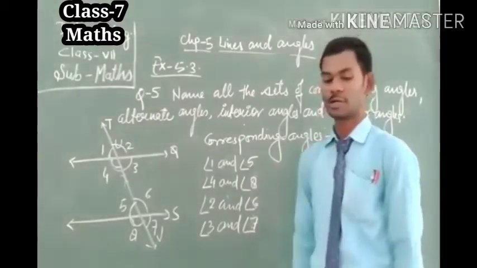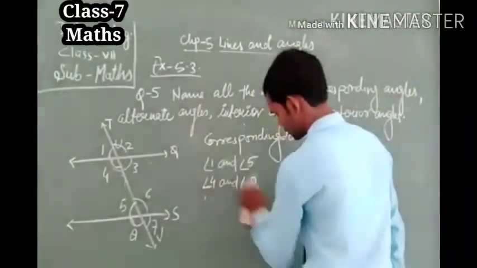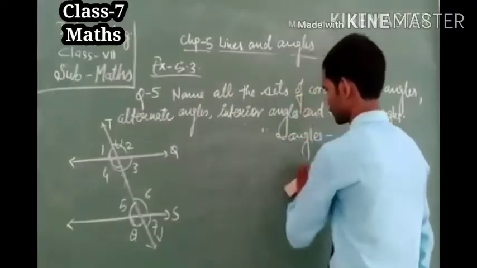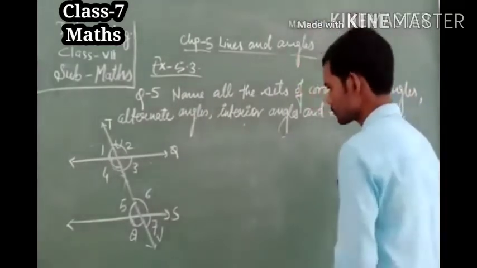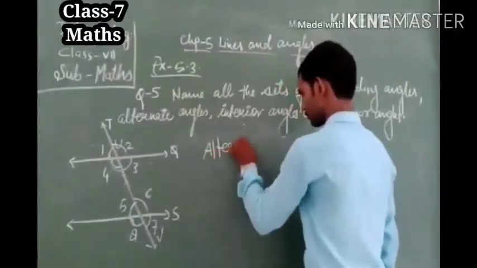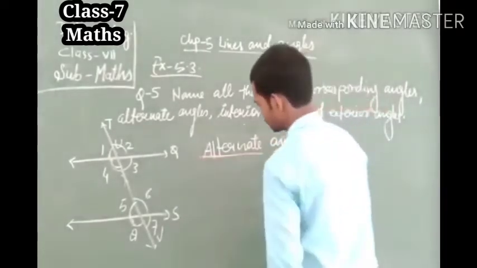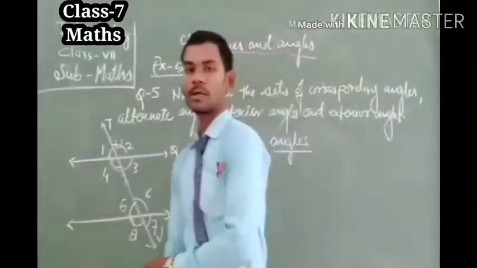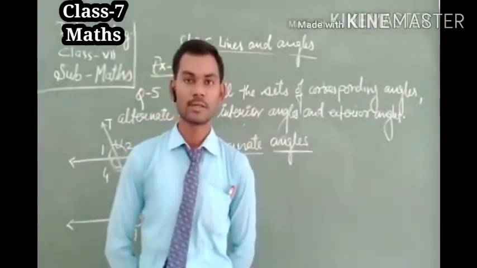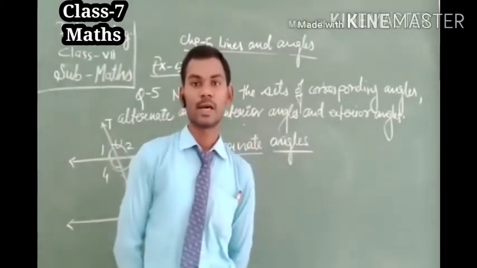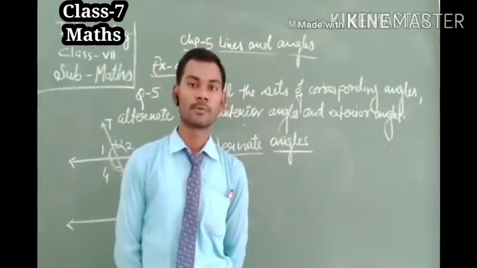Now next we have to find the alternate angles. So let us see what an alternate angle is. In alternate angles, we know that two non-adjacent angles are said to be alternate angles if one arm of each angle is on the opposite side of the transversal and the other arm of each angle is formed by the transversal pointing in the opposite direction.